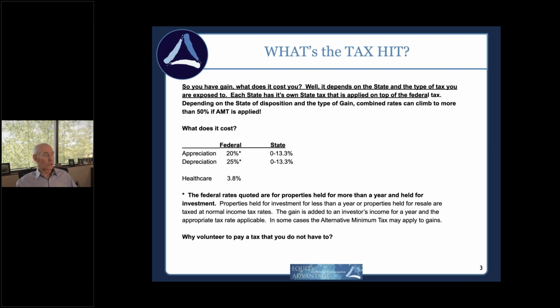State tax could range anywhere from 0 to 13.3% if you're lucky enough to be living in California. On top of those numbers, you still have the healthcare tax that might hit you also at another 3.8%. So you could be in a situation where you're looking at almost a 40% tax hit, even if it's a long-term capital gain. If it's normal income tax, it's going to be a lot more than that.